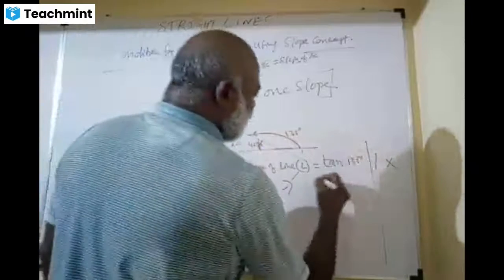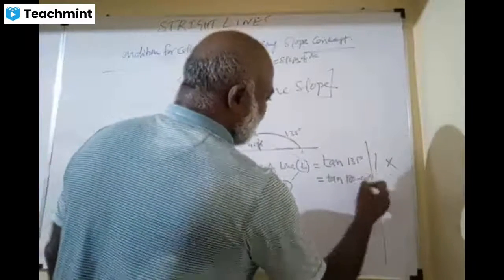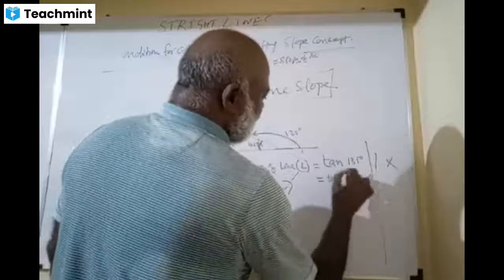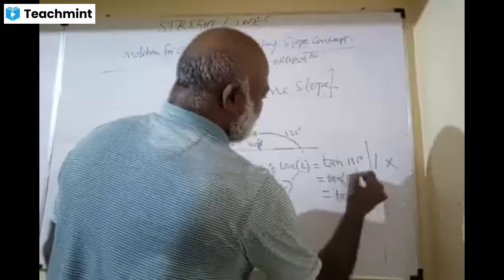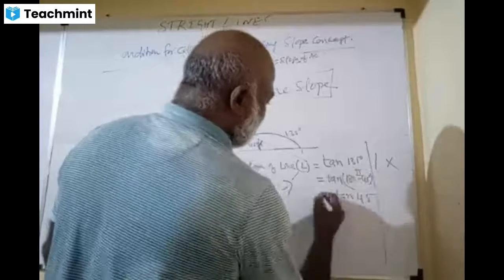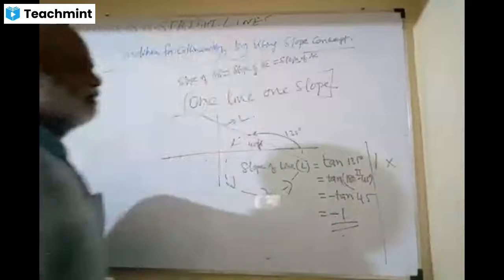Tan 135 is nothing but tan of 180 minus 45. We know that in the second quadrant tan is negative, so it is minus tan 45.